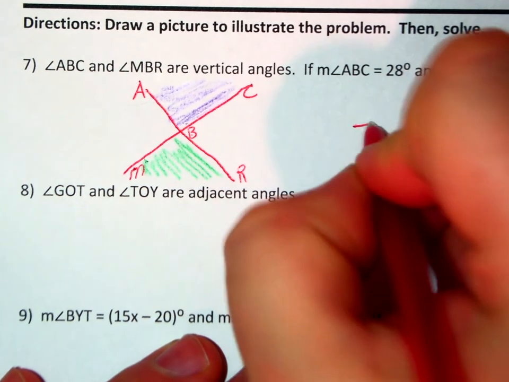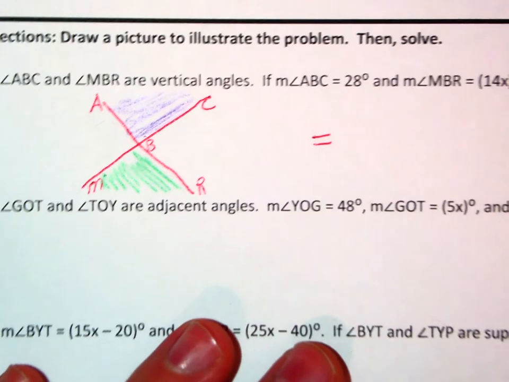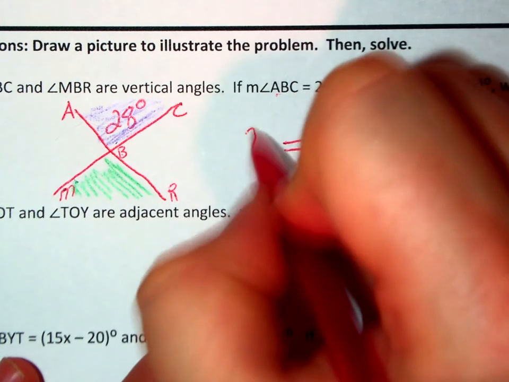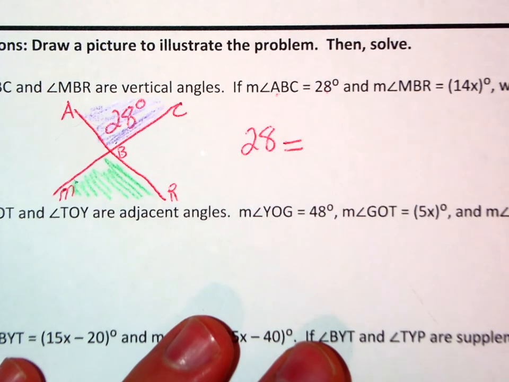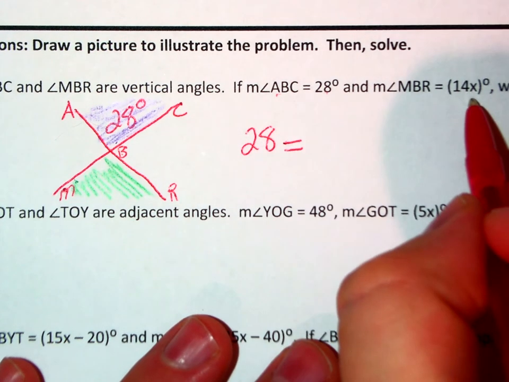That means those two angles are equal to each other. It then tells me that angle ABC is 28 degrees. And MBR is 14x degrees.